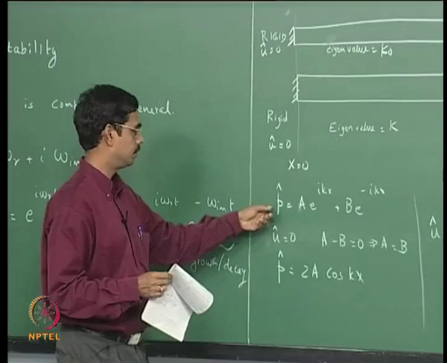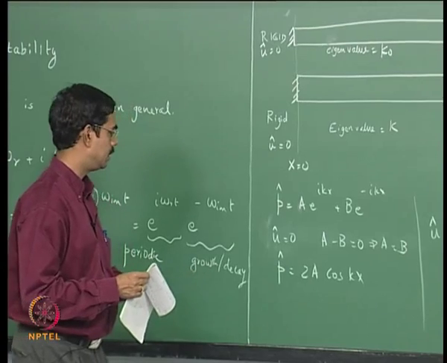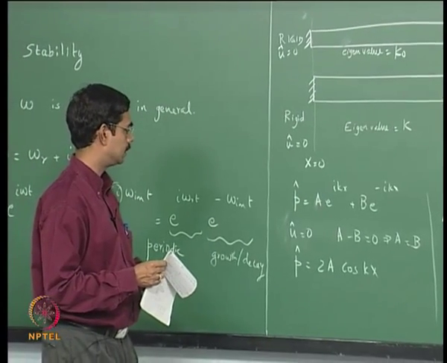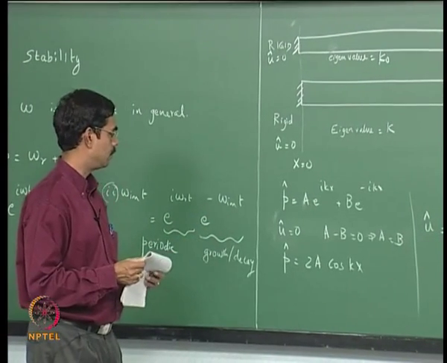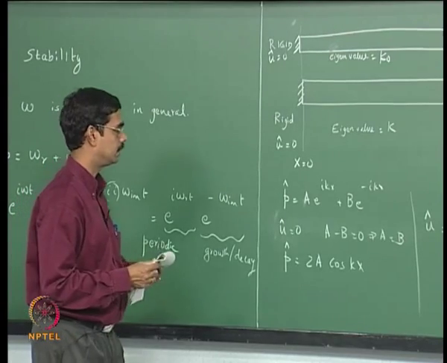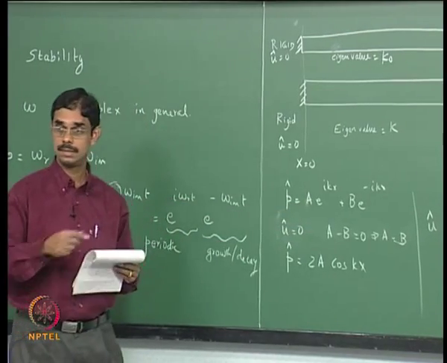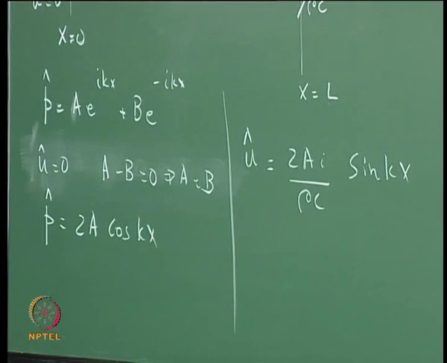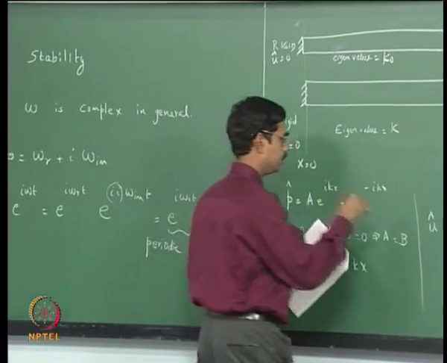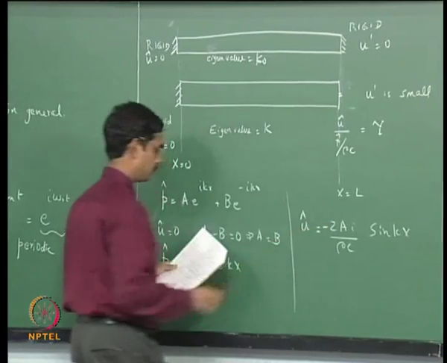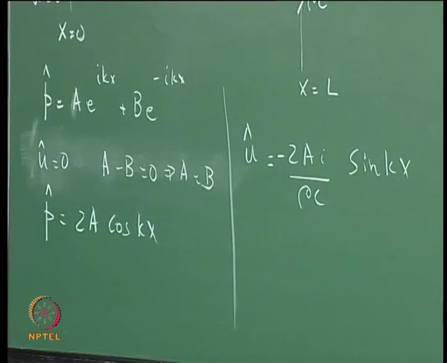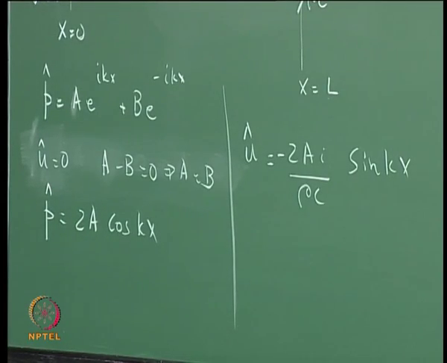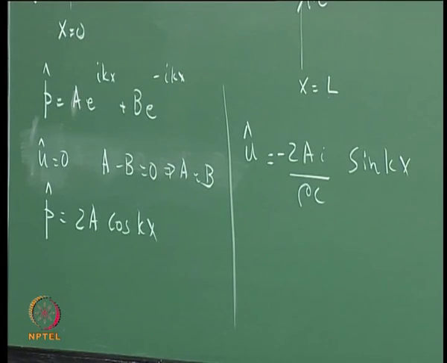So if you take dp by dx equal to i omega u hat, and from there you can get this. Is this okay? Can you just check if there are any sign mistakes or something? I think there should be a minus. You're getting the same answer? Okay.